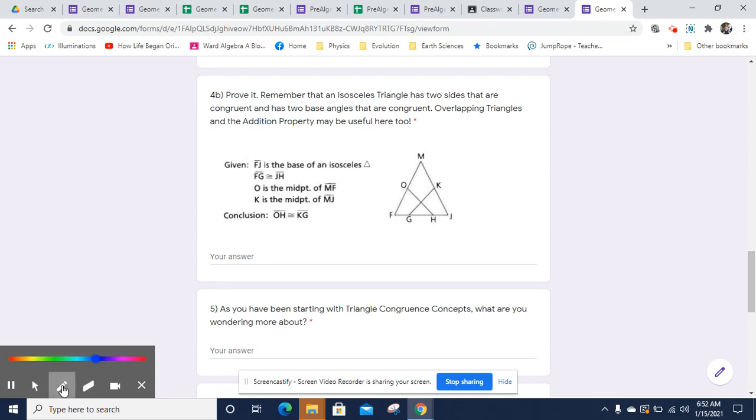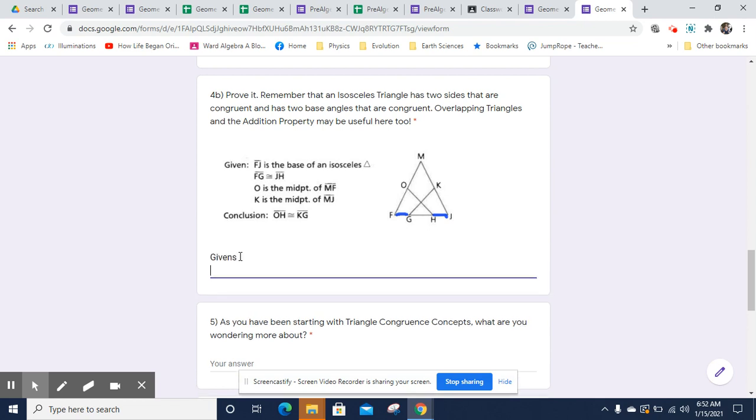Let's start labeling some of this stuff. So we know that FG is congruent to JH. We know that O is the midpoint of MF and K is the midpoint of MJ. And that's going to lead us to some more stuff in a second. Okay, so givens. And I've labeled the one given that really we can label from the givens directly.